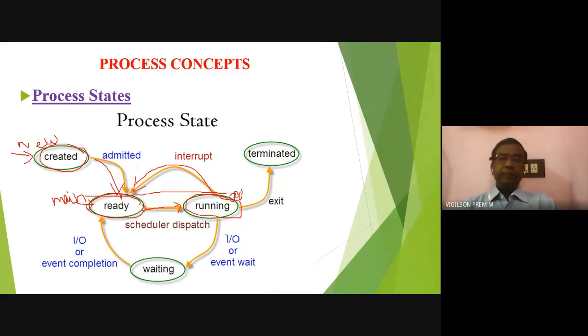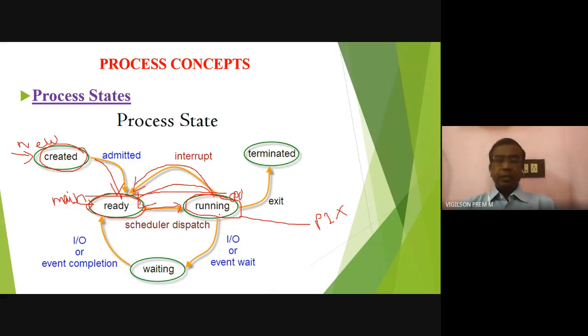There is nothing wrong with the process. It is executing correctly, but due to some urgent work, heavy work, or precautionary measures, the operating system suspends this process. Once the process is suspended, it immediately goes to the ready state because the process is genuine.